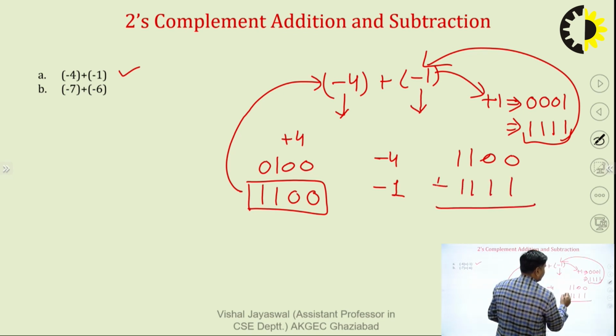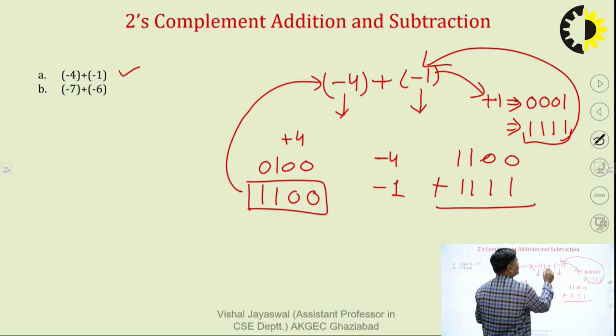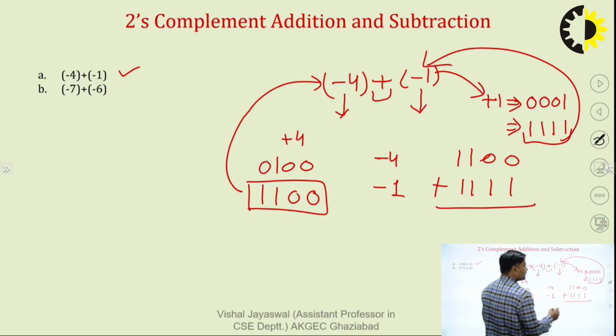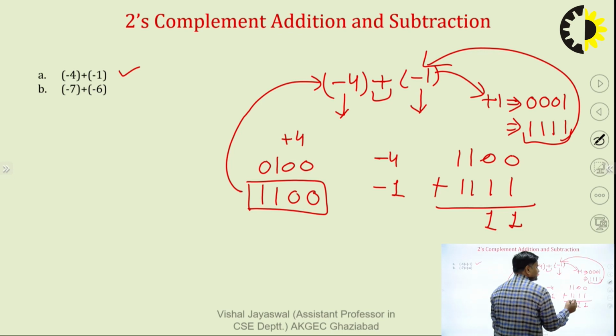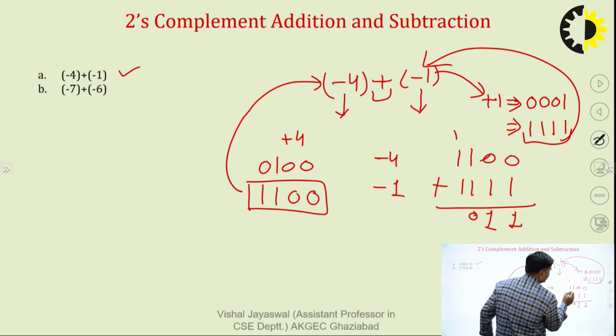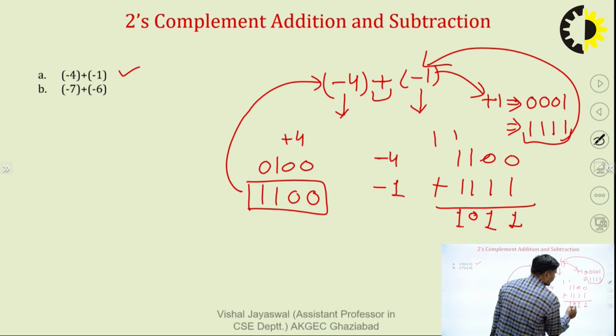We have to add these numbers because there is a sign of addition. 0 plus 1 becomes 1, 0 plus 1 becomes 1, and 1 plus 1 becomes 0 and 1 carry, and 1 plus 1 becomes 0, 1 carry, and 1 plus 1 becomes 0, 1 carry, and 0 plus 1 becomes 1.